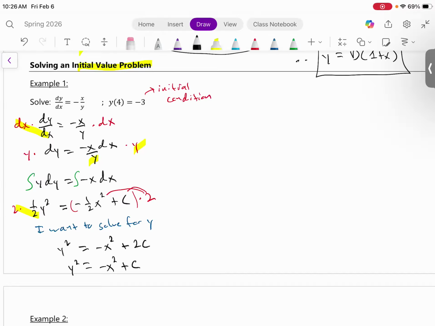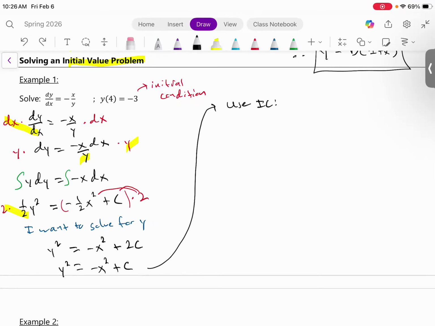Remember, this is an initial value problem. So I'm going to bring this up here, and I want to use that initial condition. So I'm going to plug in 4 and negative 3 into this solution now. So this would be negative 3 squared equals negative 4 squared plus c.